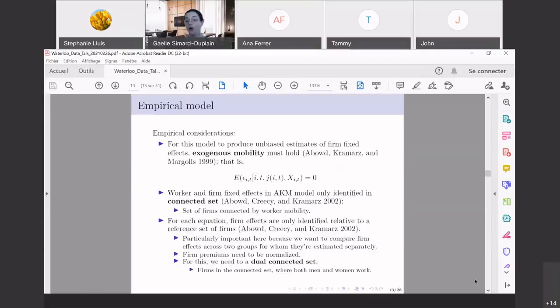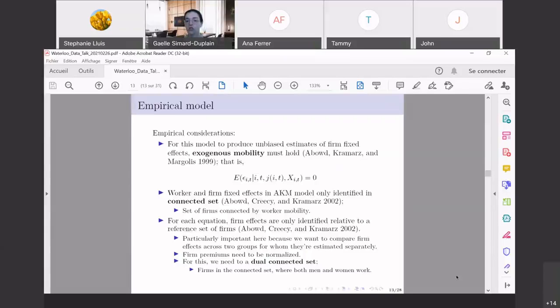I mentioned that we're going to estimate the two wage equations separately for men and women, get the firm premiums and compare those. Making that comparison cannot be done on the raw estimated firm effects. They have to be normalized, and we're going to need some of the information that we have on firms to do that normalization. To do that, we're going to need to restrict the data set a little further.